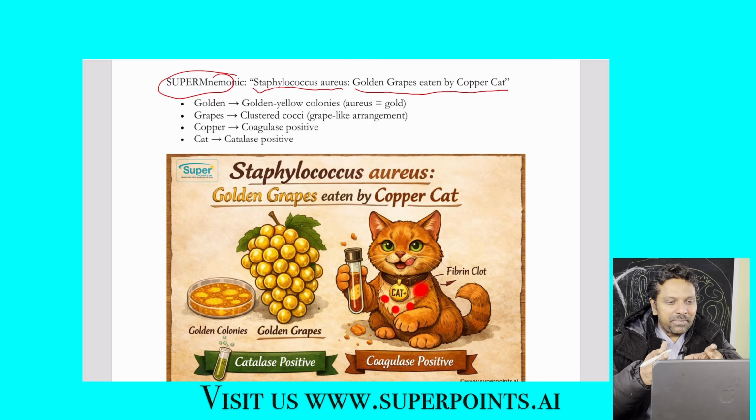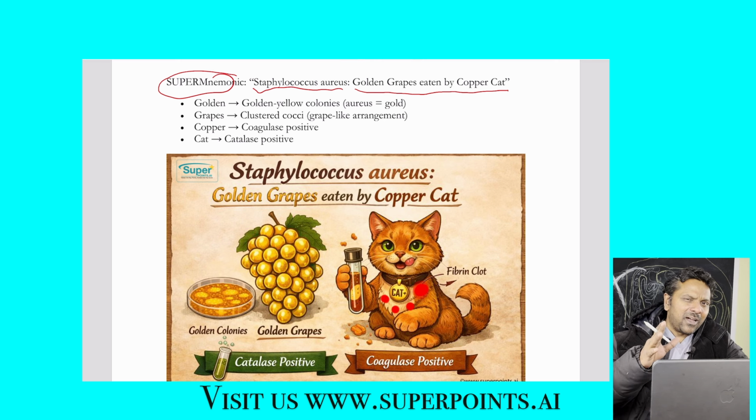And then imagine a copper cat. Copper like coagulase and cat for catalase. Okay, so coagulase and catalase, those two are important tests when we talk about this Staphylococcus aureus. So golden grapes eaten by copper cat. So that helped me a lot.